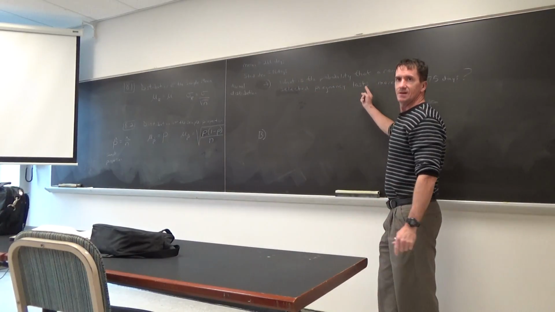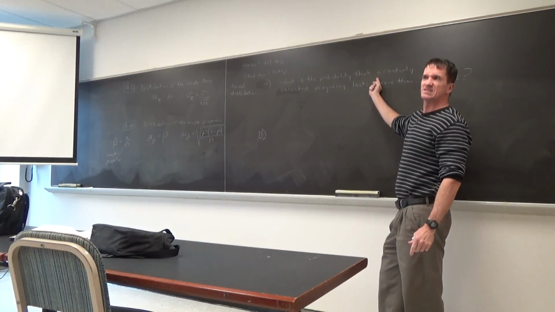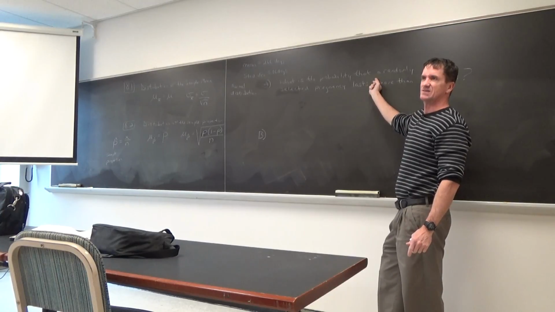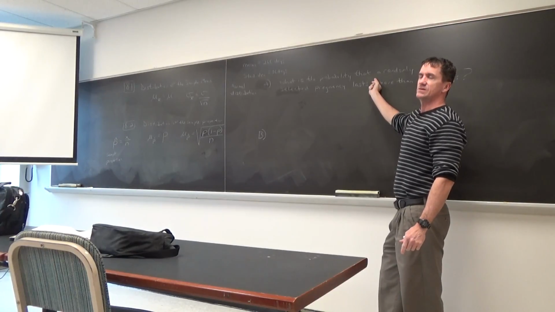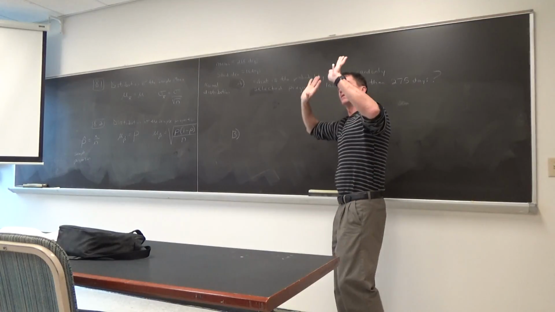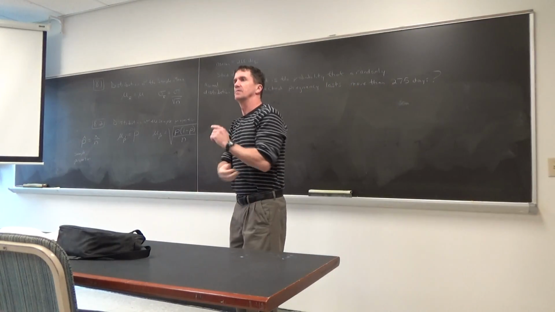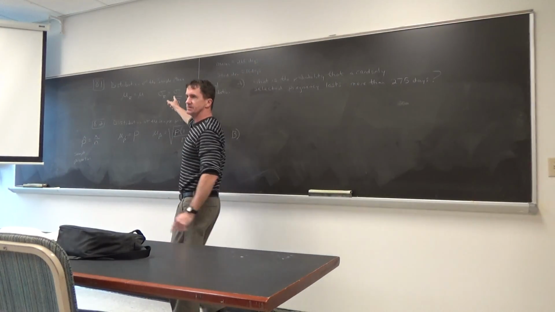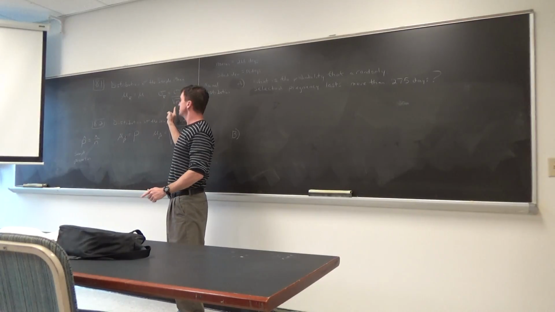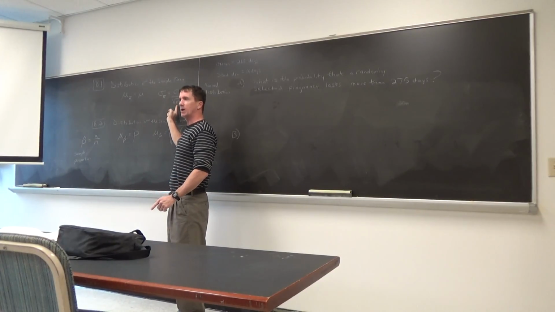Now, the key word is actually this letter A right here. This is something from section 7.1, where we could use this, but with A, the sample size would be 1, right?